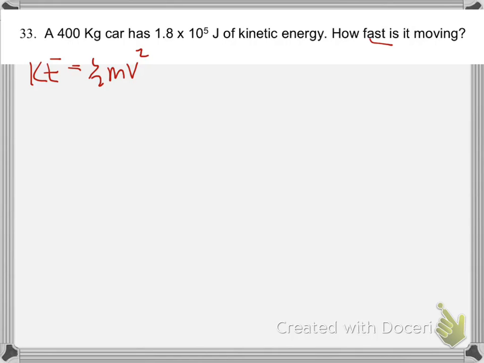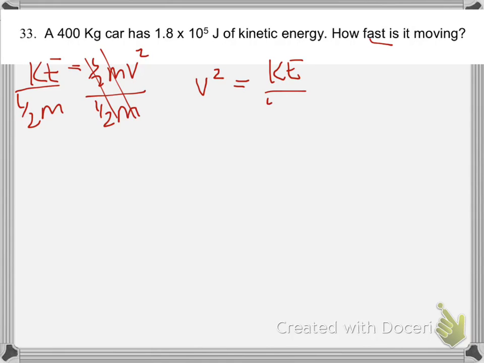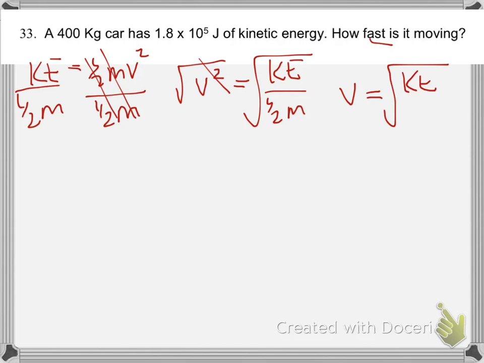So in order to get velocity, we're going to divide both sides by half m. And when we do that, we then have v squared equals kinetic energy divided by half m. We then need to square root both sides so that we can have v by itself, and then we will have v equals the square root of kinetic energy divided by half of the mass.